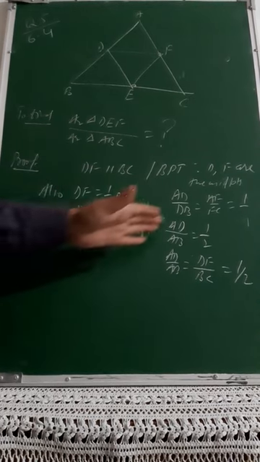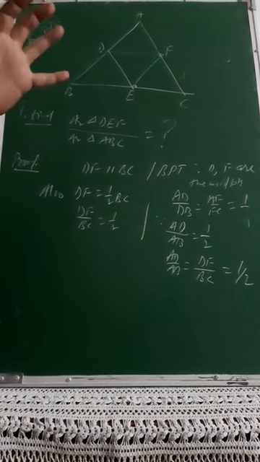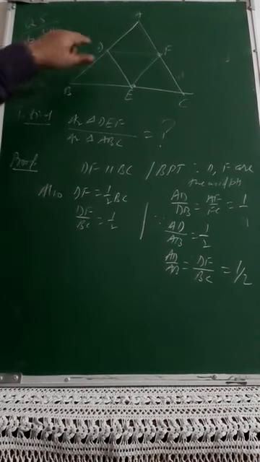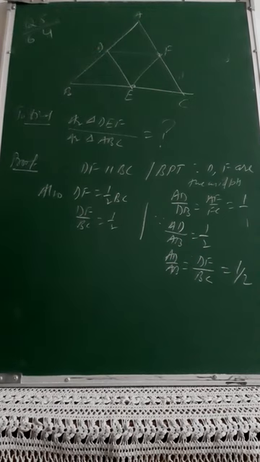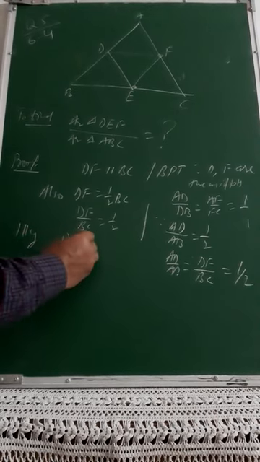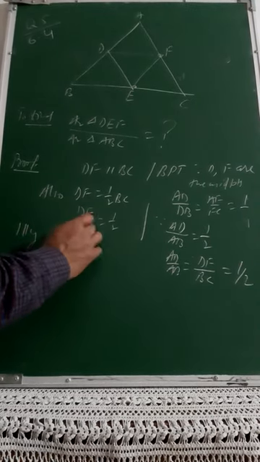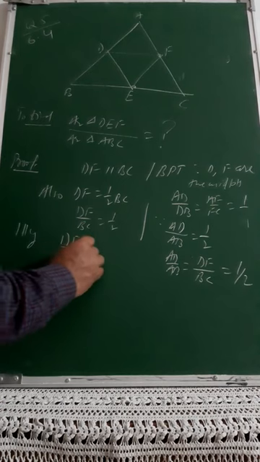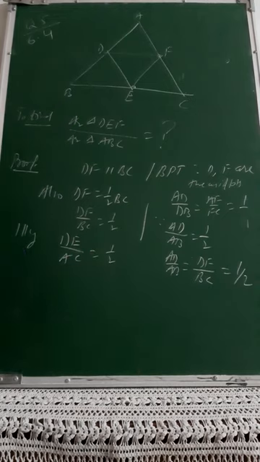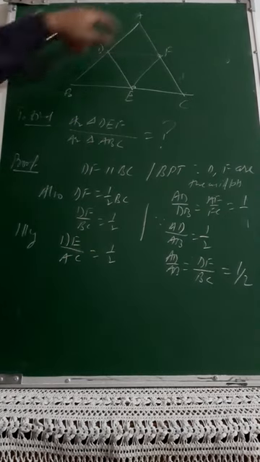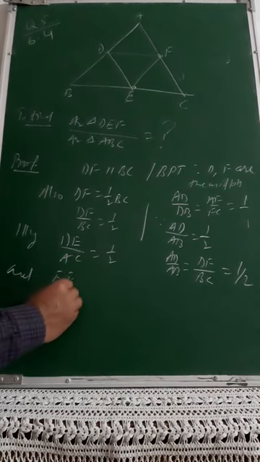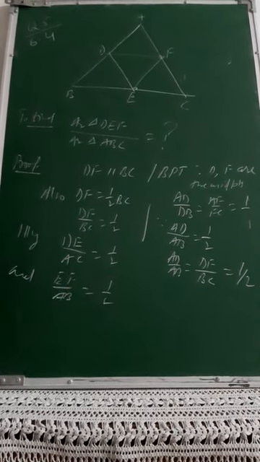But if I am applying the basic proportionality theorem here, then what happens? Now you see, you are saying that DF upon BC is equal to 1 by 2. So similarly, don't you think that I can prove that DE upon AC will also be equal to 1 upon 2, and EF upon AB will also be equal to 1 upon 2.